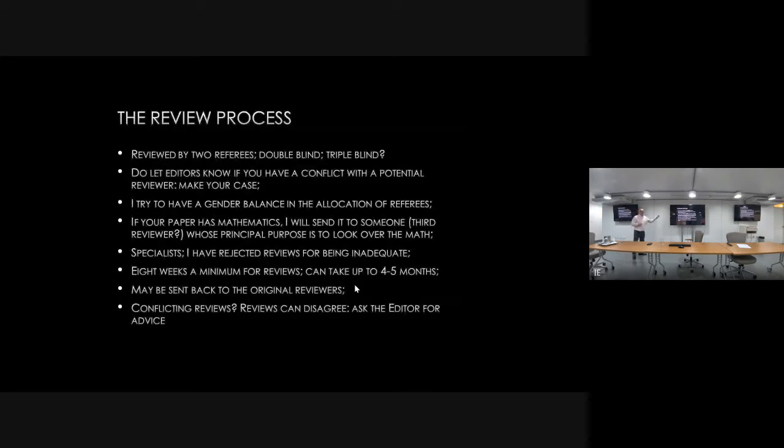So, ROPE's editorial board is gender balanced. This is one thing that I did when I became editor-in-chief. One of the things I tried to do is get a gender balance in the allocation of referees. And the reason is points of view. Maybe there's a gender dimension to food insecurity.